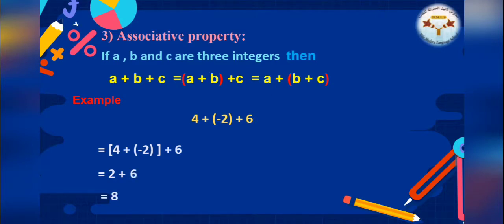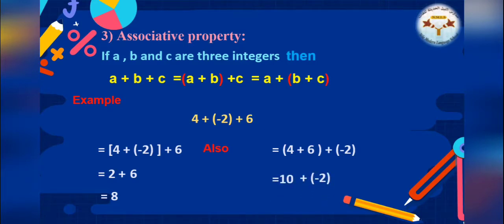What if I want to add 4 plus 6, then add -2? I will add the positive numbers, then add to them the negative number. 4 plus 6, I know it is 10, plus -2, different signs, find the difference.